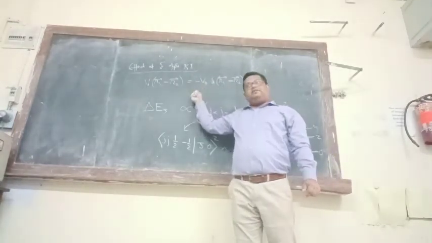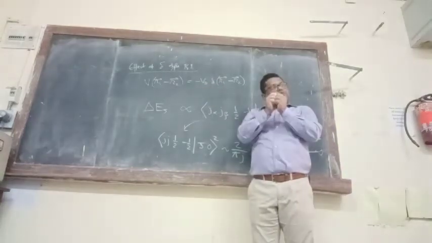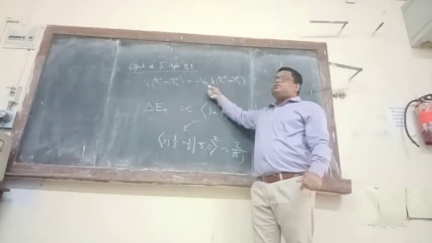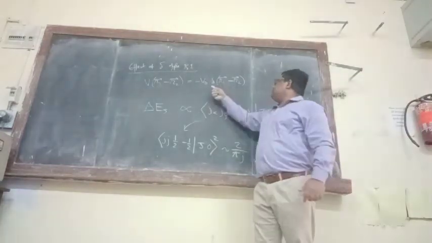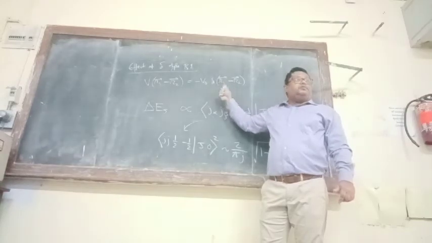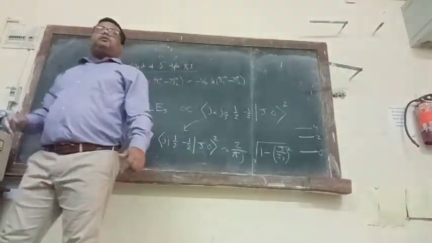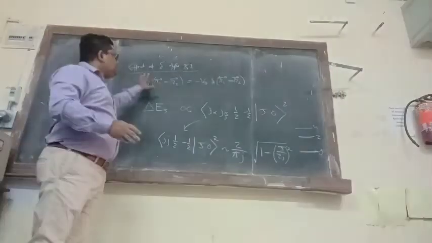This will be attractive in nature, so minus sign, right? V0 is constant, and only when they come very close, so delta type. We also have a modified delta type surface interaction that I am not going to talk about. It's more complicated. But this is very simple.